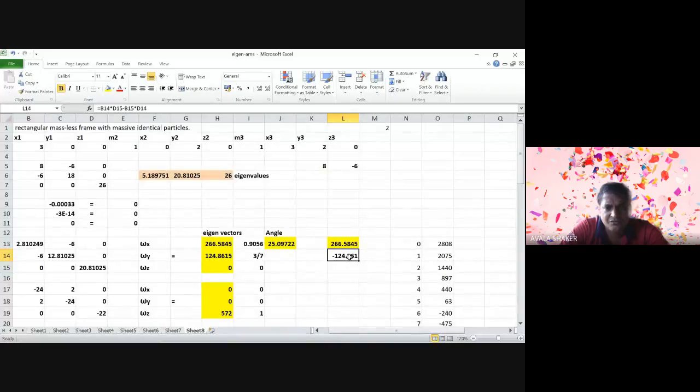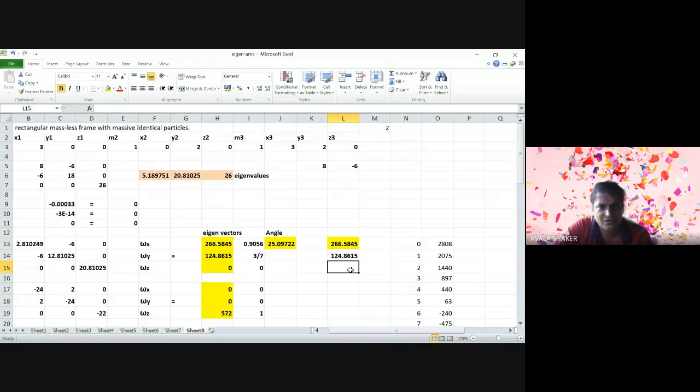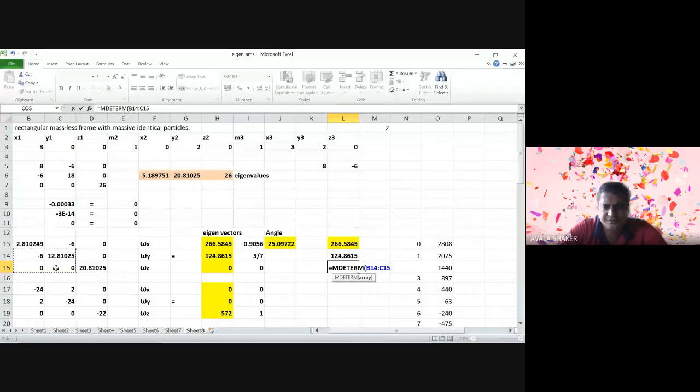When you're using Cramer's rule, the second element is minus omega x, omega x is positive, minus omega y and plus omega z. So that is 124, and then this will be equal to the determinant of these elements.